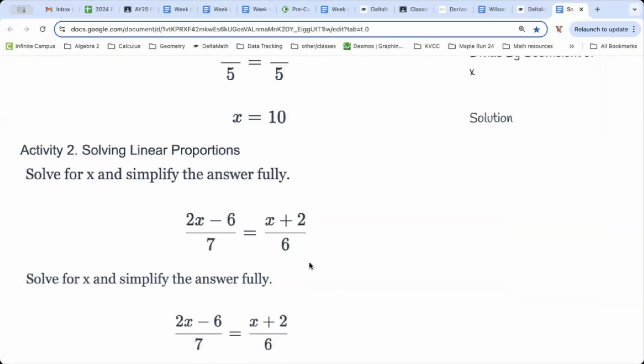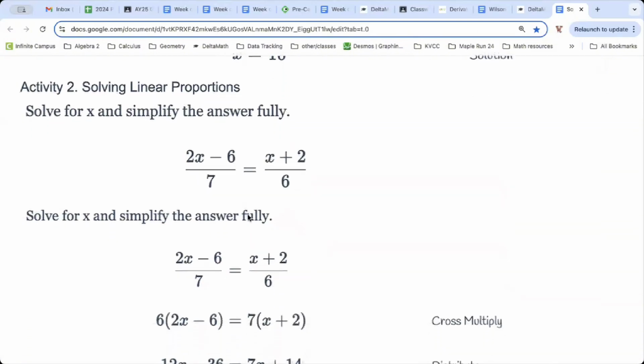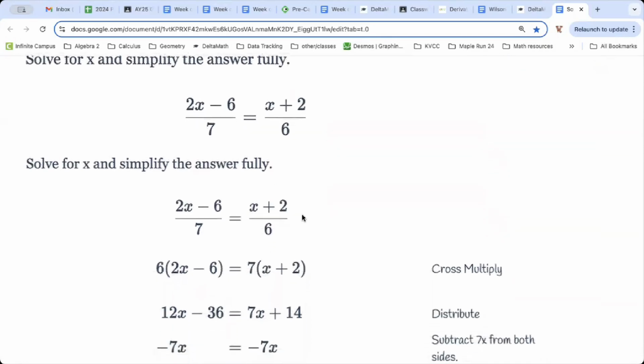How are we going to tackle that? As long as you have a fraction equal to a fraction, you can always carry out cross multiplication. So 6 times 2x minus 6 is equal to 7 times x plus 2. Do put a parenthesis there.